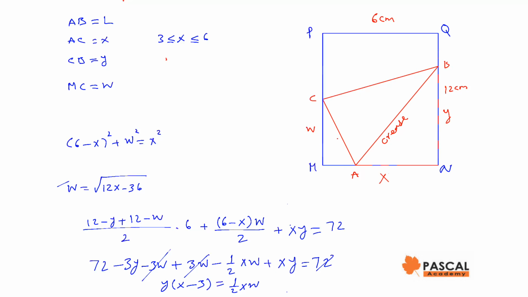Therefore, AM is 6 minus X, CP is 12 minus W, and BQ is 12 minus Y. Since AN and AC are the same, AC is also X and CB is Y.